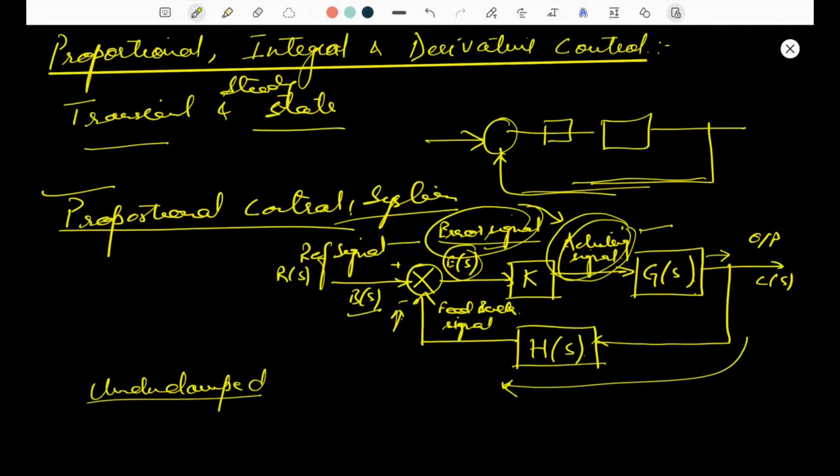You must remember the oscillations developed in the underdamped condition: they decay with the time response.